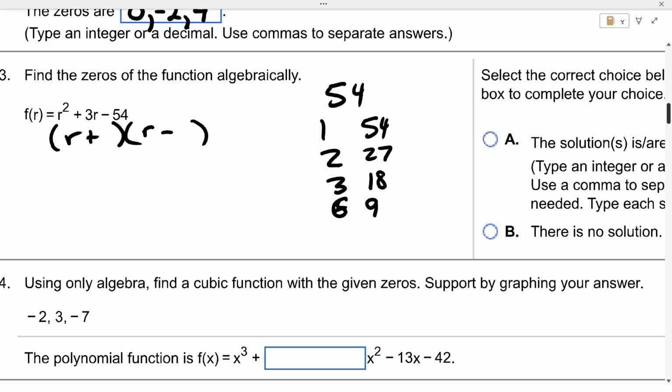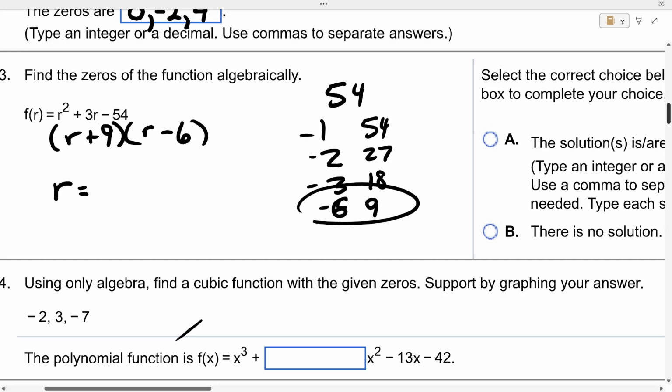Signs are opposite. The bigger one is positive, the smaller one is negative. These two add up to a positive 3, a negative 6 and a positive 9. So, what are the roots? r must equal the opposite of this, negative 9, and the opposite of this, a positive 6.